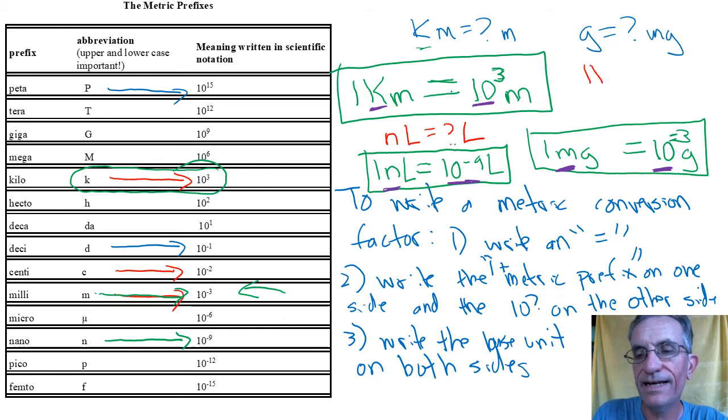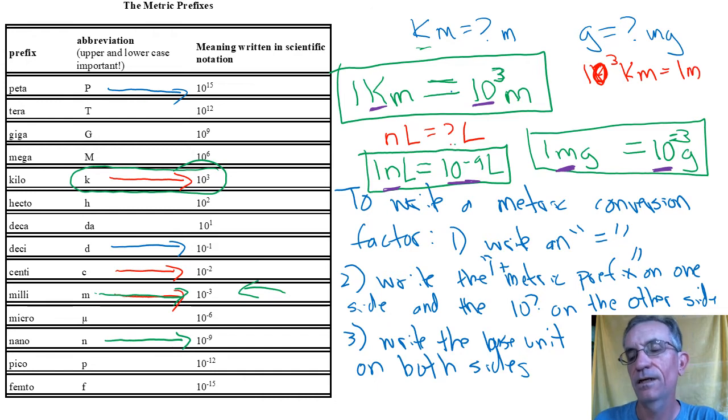If you ever find yourself writing 10 to the 3 km is 1 m, you've goofed up. These things don't like each other. They're supposed to be on opposite sides.